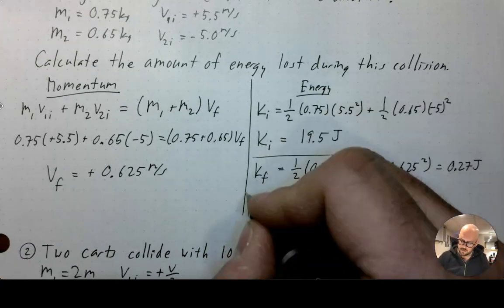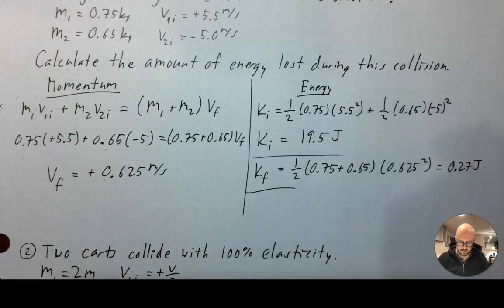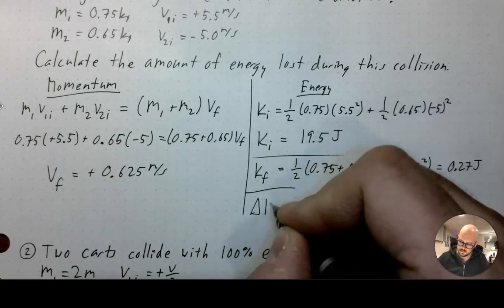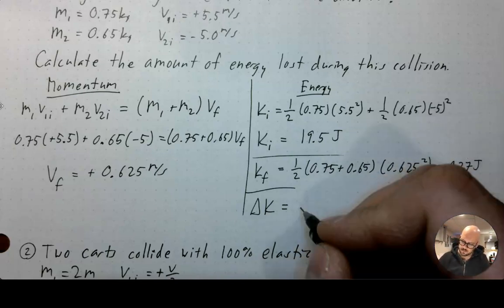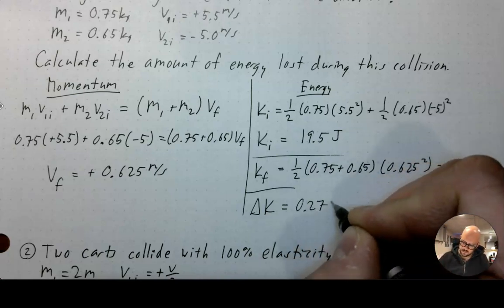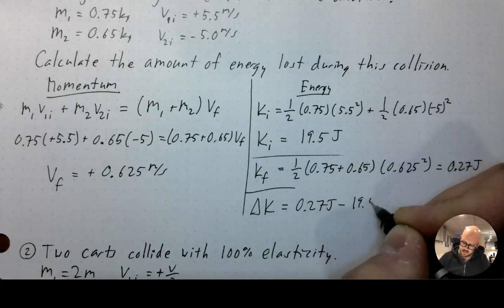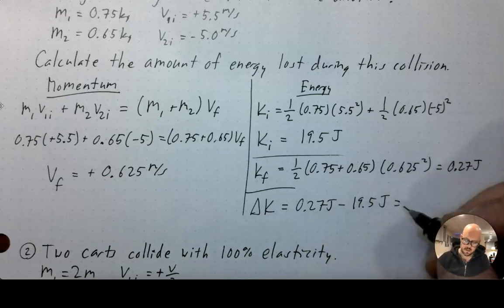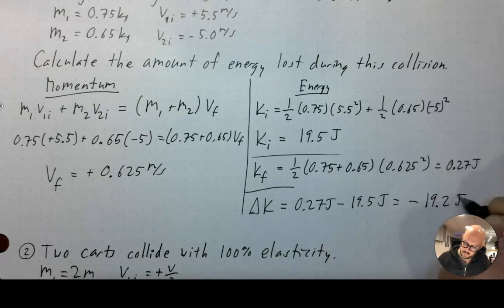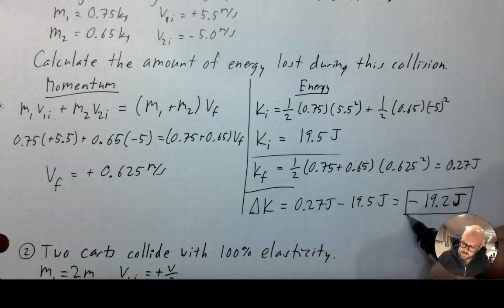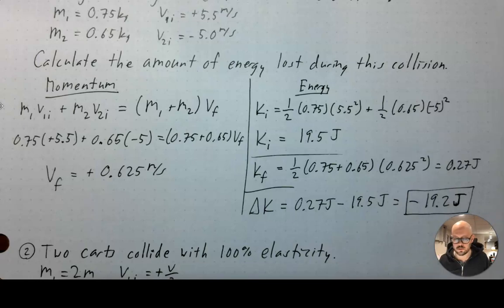So the amount of kinetic energy lost is going to be the change in kinetic energy. And so that's going to be 0.27 joules minus 19.5 joules. And so that's negative 19.2 joules. So technically the answer to this question is 19.2 joules of energy was lost because the change in energy is negative.